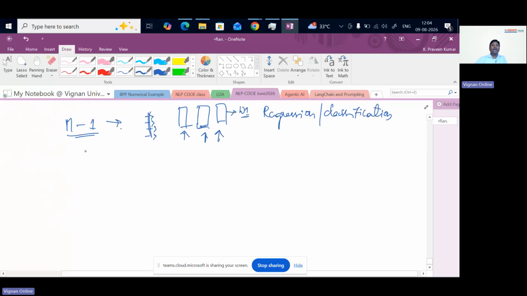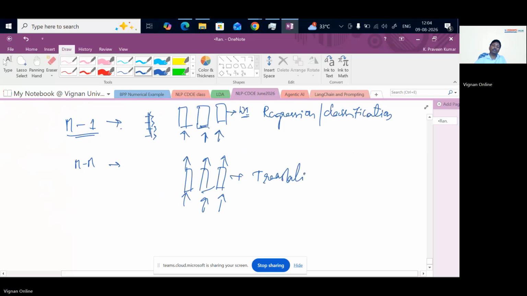Many to many is also there, where you pass many things and you get many. This is for the purpose of language translation. This way we have different types of RNNs, recurrent neural networks.